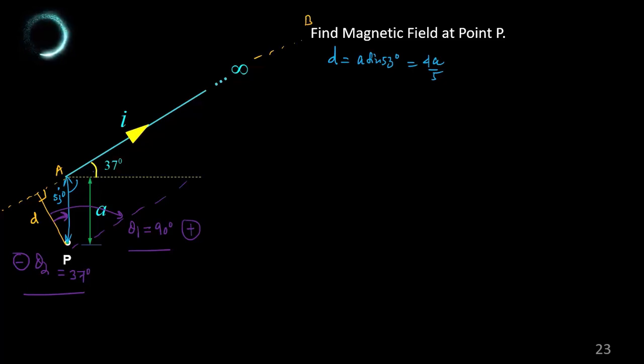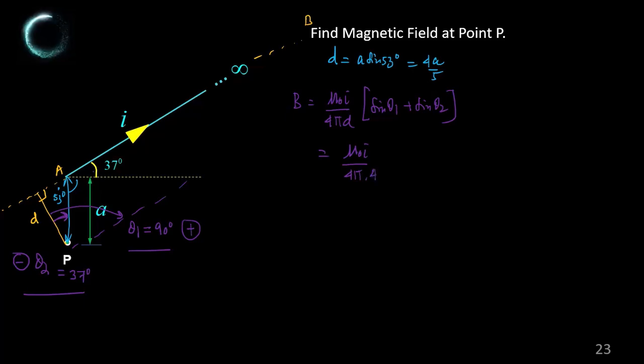So now I can put the values in our equation. The equation is B equals mu naught I by 4 pi d into (sine theta 1 plus sine theta 2). Now I am putting the values inside this. So that should be equal to mu naught I by 4 pi, and what is d? d is 4a by 5, so 4a with 5 in the numerator. Now what is sine theta 1?